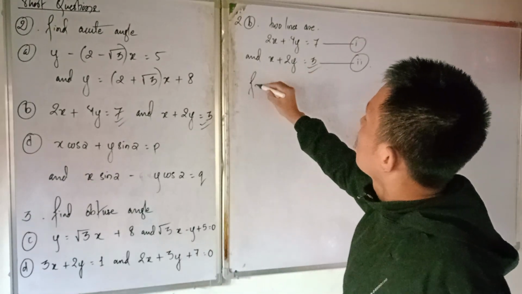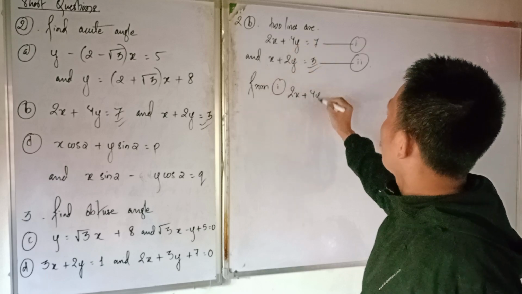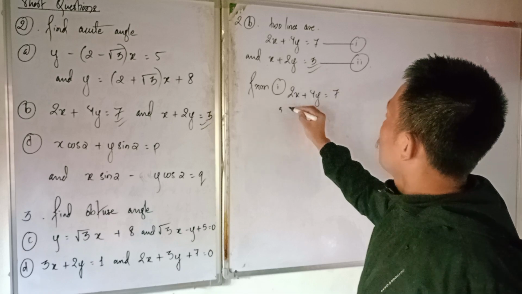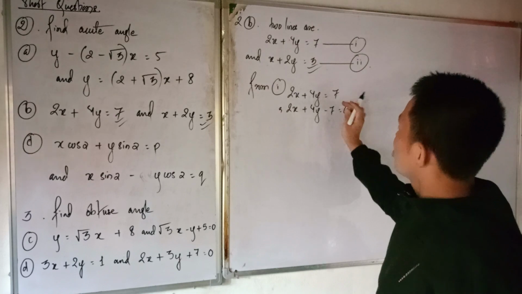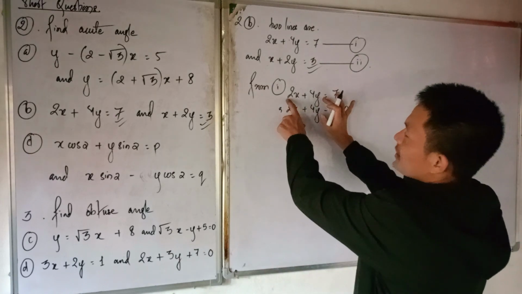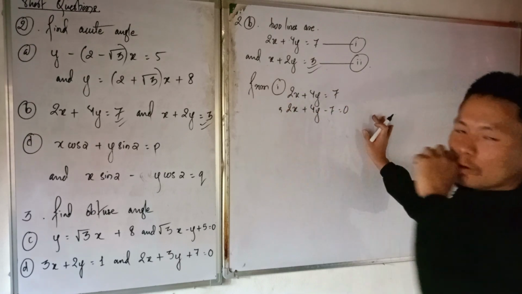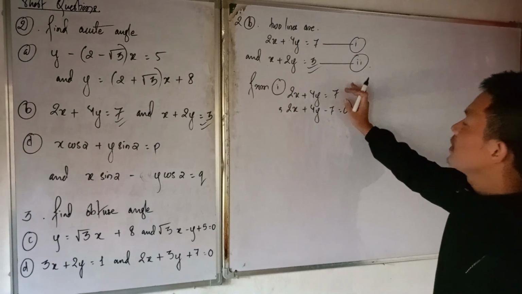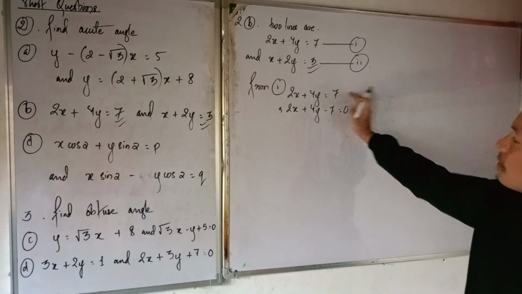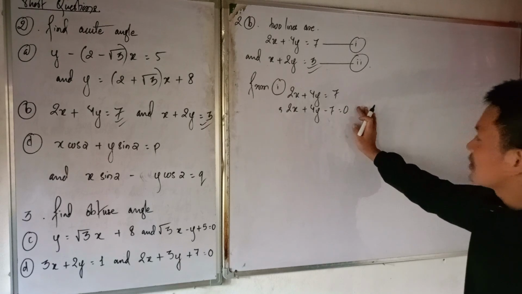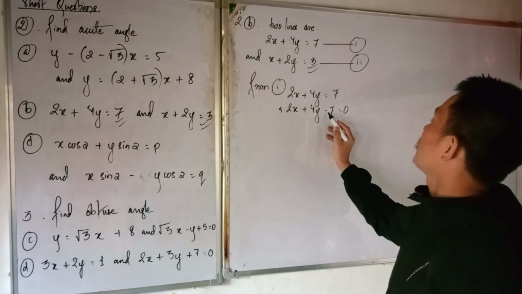From line I we have 2x plus 4y equals 7, or you can write it as 2x plus 4y minus 7 equals 0, because these two terms are already on the left hand side. It does not matter, but to not make you more confused, I have put the constant term also on the left hand side. Now this is in the form ax plus by plus c equals 0.